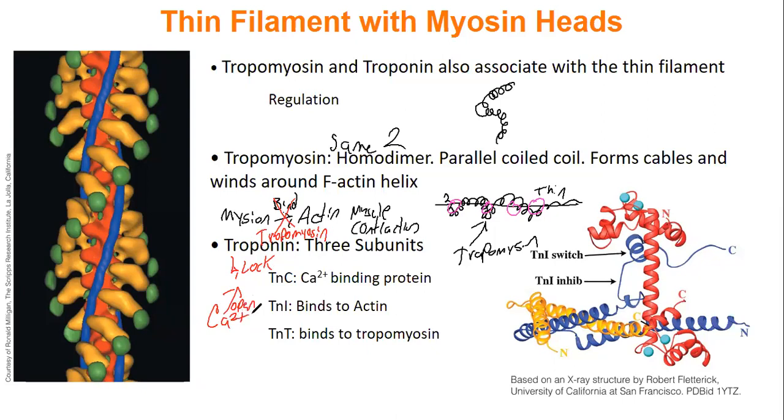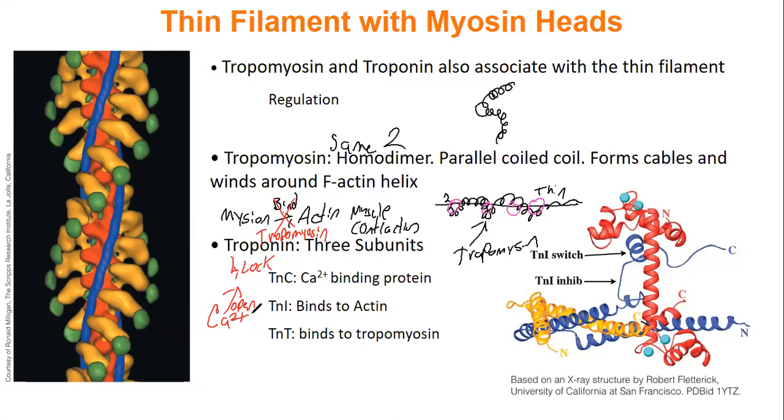So what happens to make our muscles work is that we send a nerve impulse that releases calcium. That calcium will bind troponin. Once troponin is bound to calcium, it won't bind to actin and tropomyosin anymore.